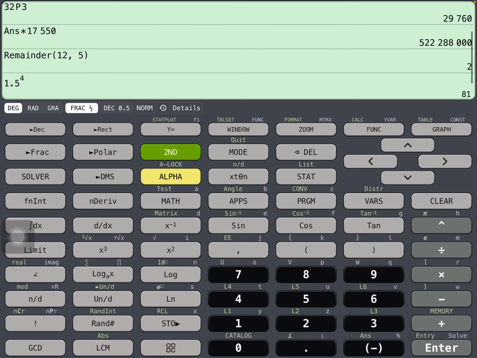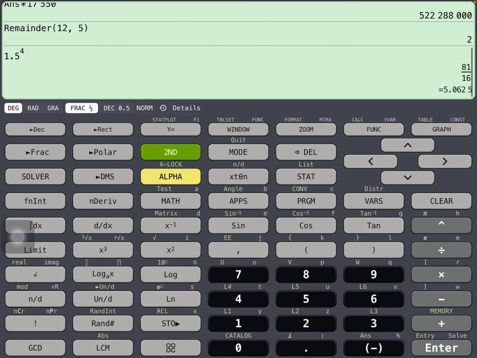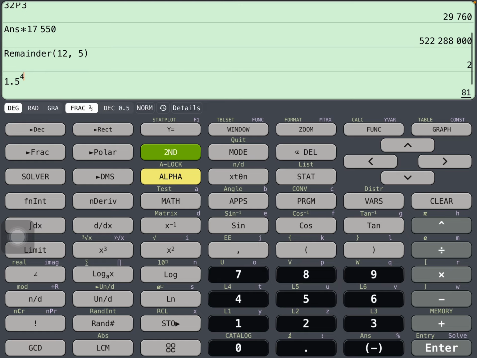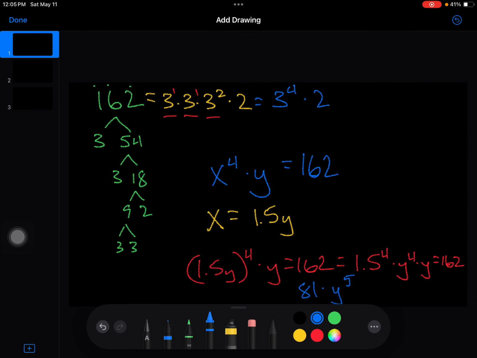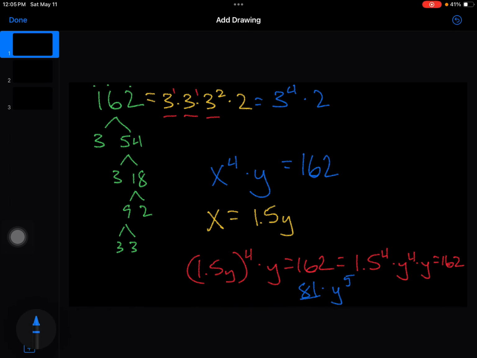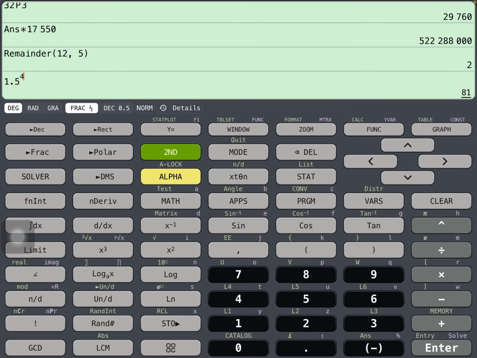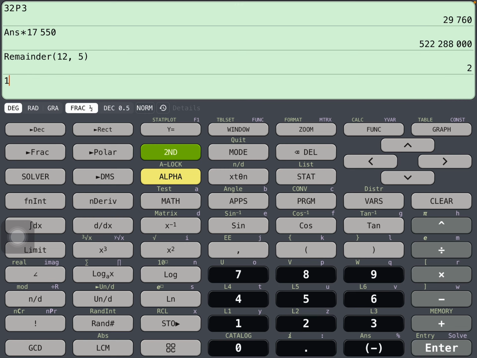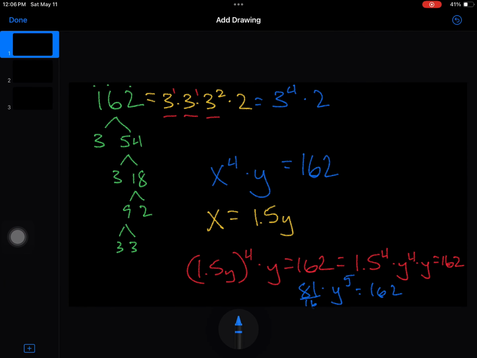I got back to the other screen, like 81, that's not going to work out. 81 over 16, yeah, okay. So 81 over 16 times y to the 5th equals 162 times 16. We'll multiply 16 times 162. 162 times 16 is equal to that. We're going to divide that by 81 now. We're going to get 32.